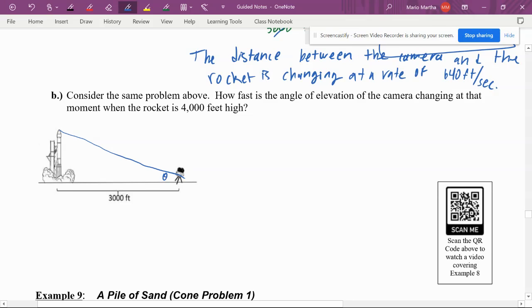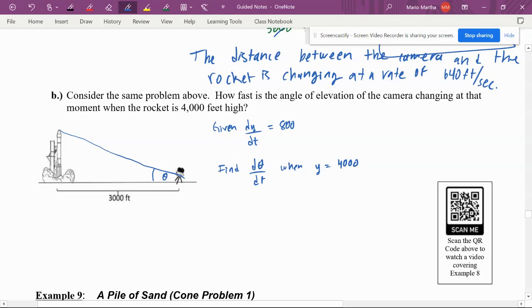Let's call that theta. It's still the same thing. We want to figure out how fast this is changing. So we're given that dy/dt equals, again, 800, and then we need to find d theta/dt when y equals 4,000 again.